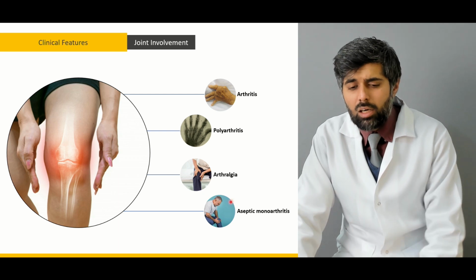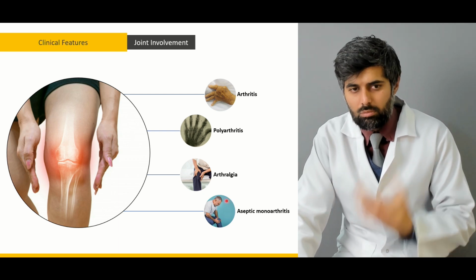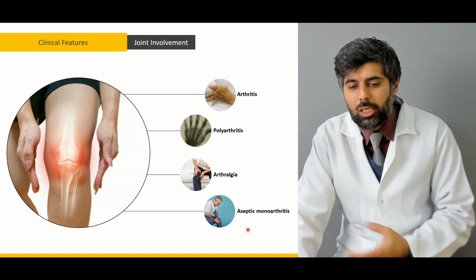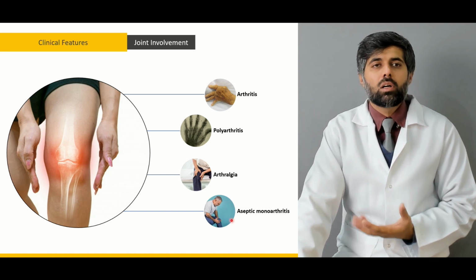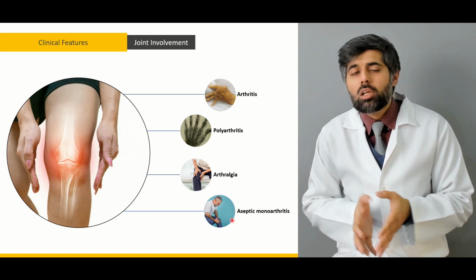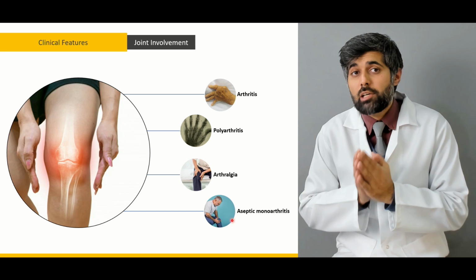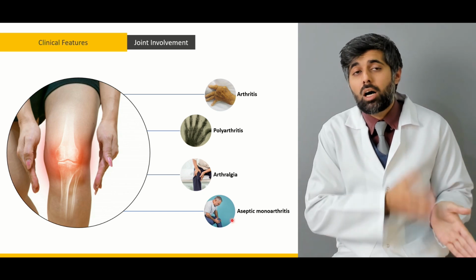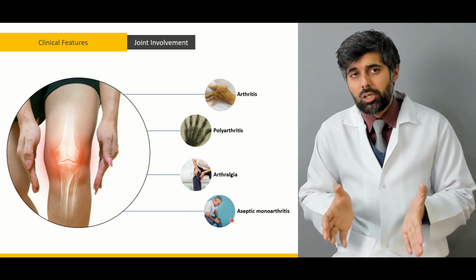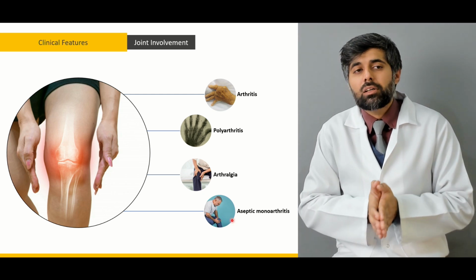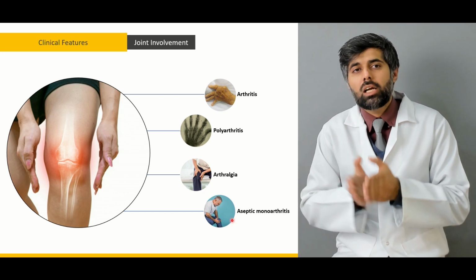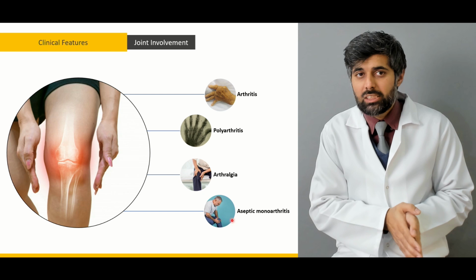A very uncommon presentation of joint involvement in rheumatic heart disease is the aseptic monoarthritis. What we usually find is polyarthritis. Monoarthritis is not usually found in rheumatic heart disease, but there are a few documented cases which have stated that there has been aseptic monoarthritis in rheumatic heart disease.